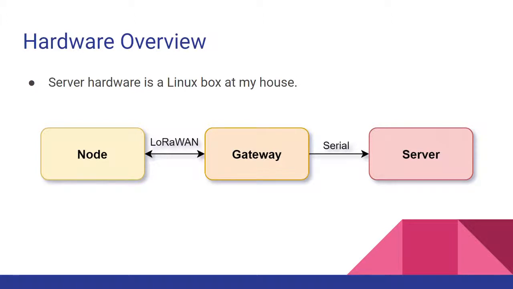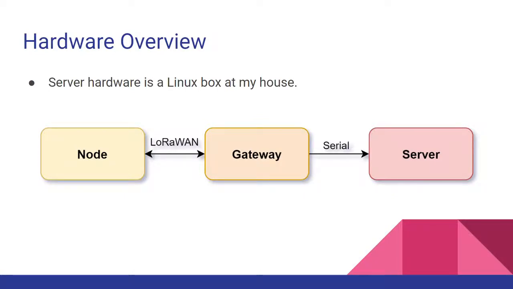So a quick overview of the MeasureMesh hardware that I've put together here. Your basic endpoint that senses the data is going to be a node, and that transmits via these LoRa radios to the gateway, and this gateway communicates over serial to the server.